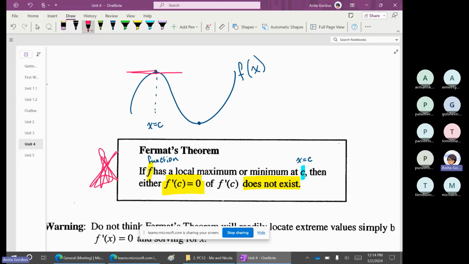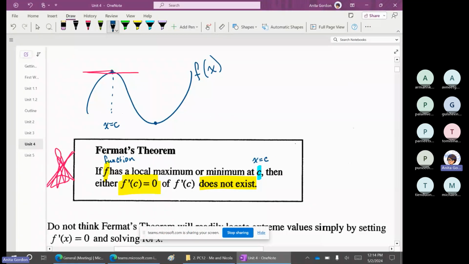For example, if we have an absolute value function, here is a change in direction, right? This is a local minimum, could be a global minimum, doesn't matter, but f prime does not exist in an absolute value function, right?